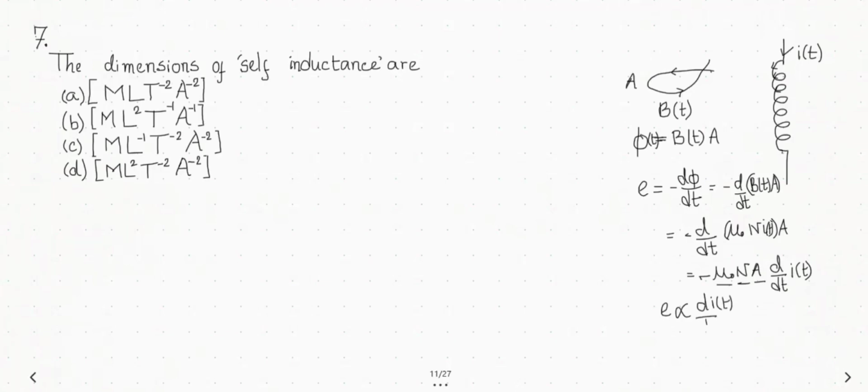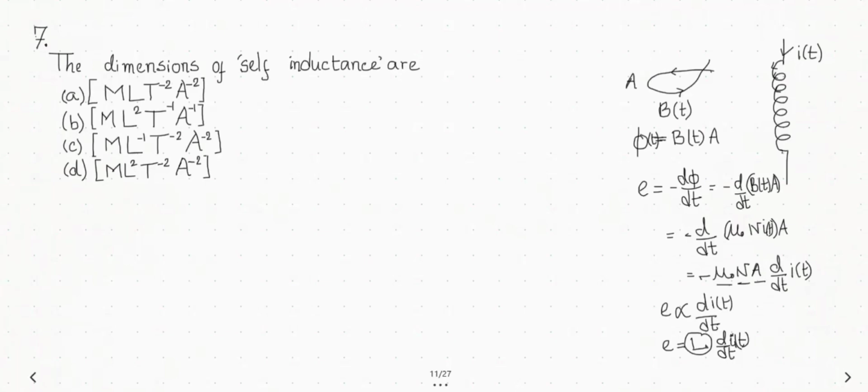Mathematics allows us to put an equal sign there and a constant of proportionality, and write the rest of the equation as it is. So E = L di/dt. This L is the self-inductance here.